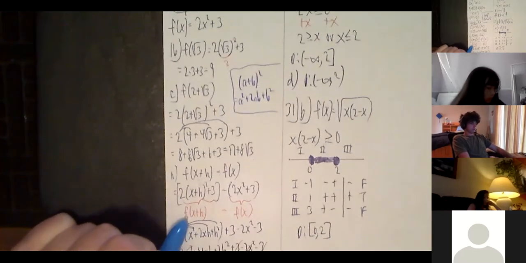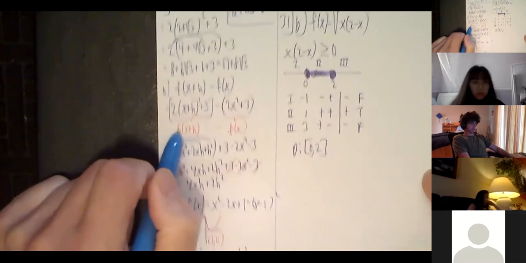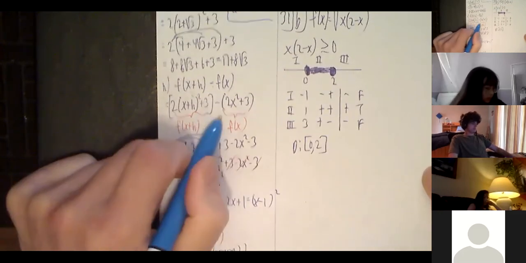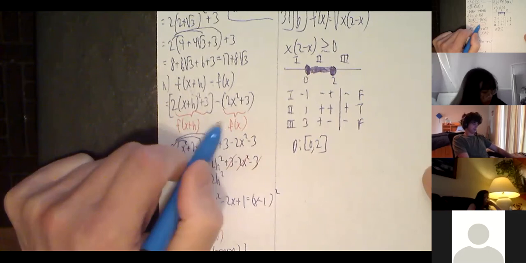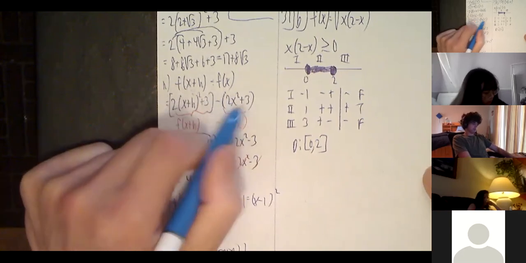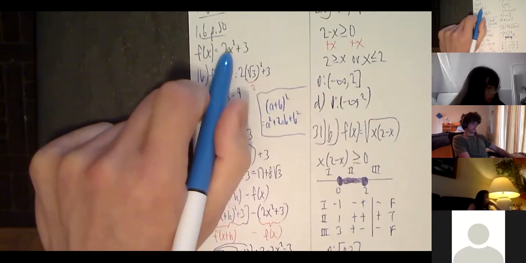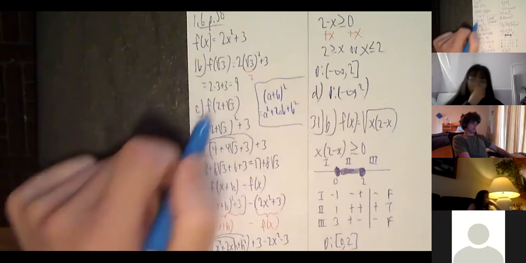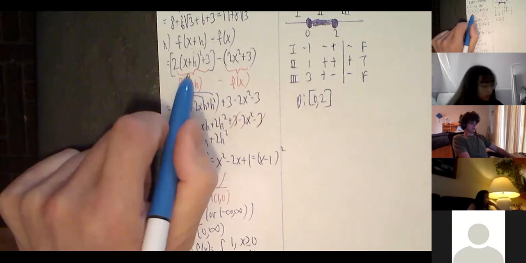So this mess right here is f of x plus h minus the original f of x. Because that's the hard part. I minus the original, that's no big deal. But here's the hard part for students usually. Change this x, erase it, put x plus h, and it looks like this.